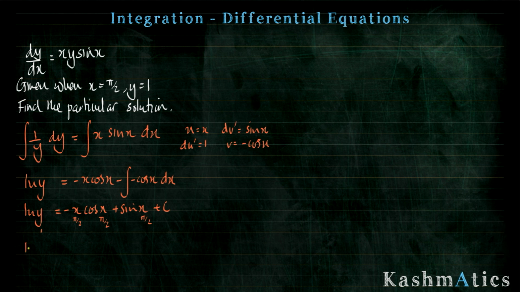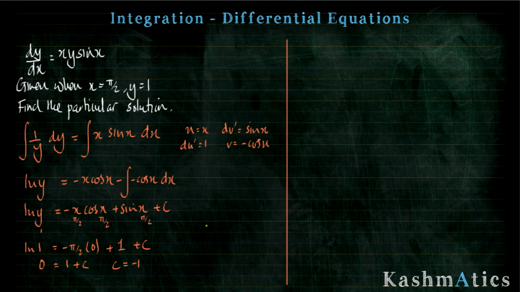So what I get is ln 1, which is 0, equals minus pi over 2 cos pi over 2. Now cos pi over 2 is 0, plus sine pi over 2, which is 1, add c. So what I end up with is 0 is equal to 1 plus c, which means c is equal to minus 1.